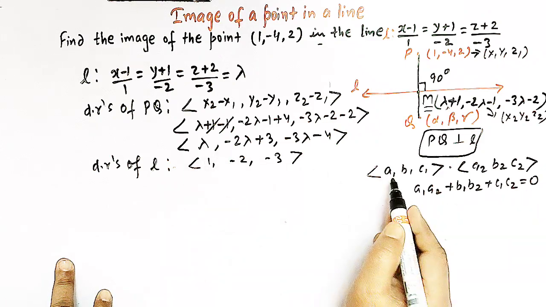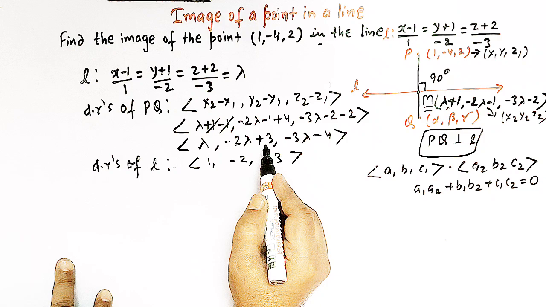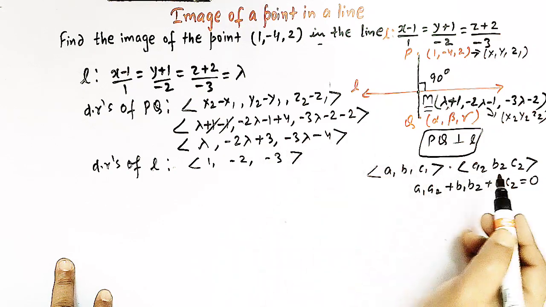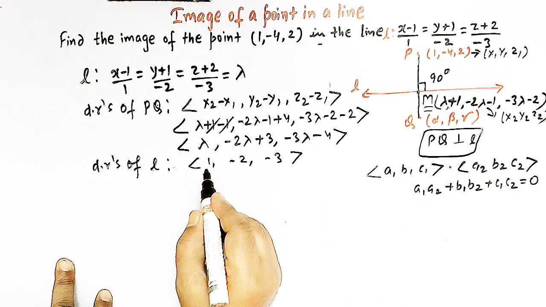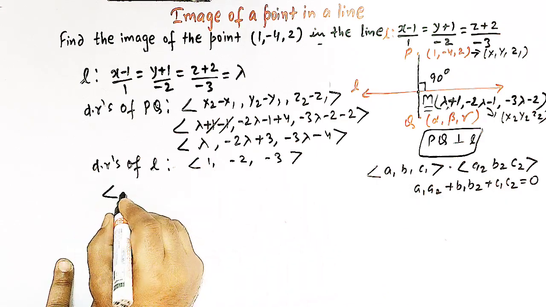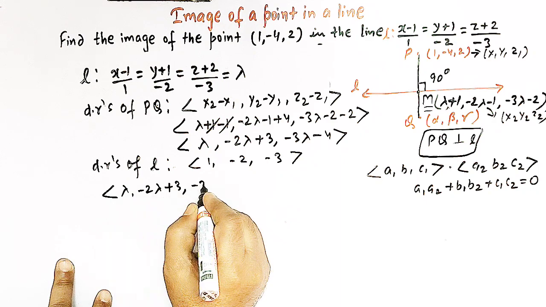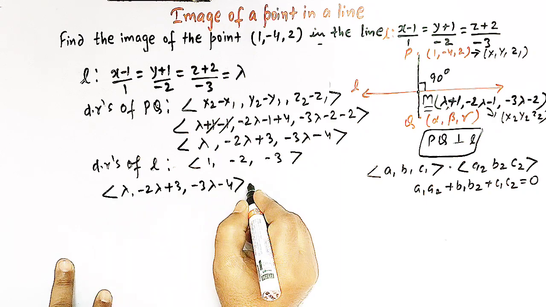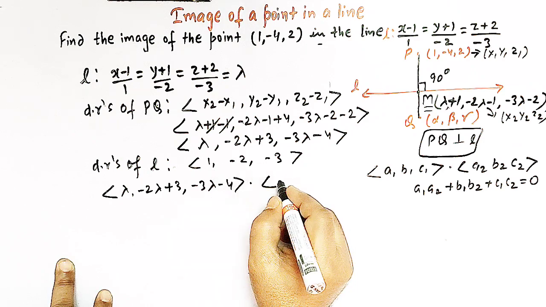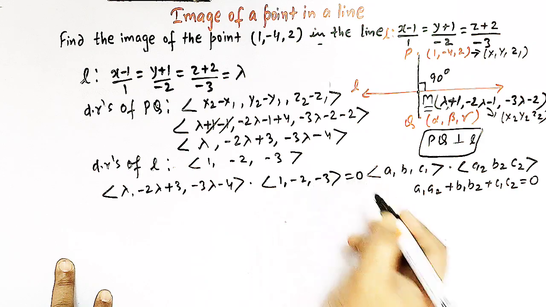So this is known as the condition for perpendicularity of two lines or two vectors. So here we have a1, b1, c1 as lambda, minus 2 lambda plus 3, and minus 3 lambda minus 4, and a2, b2, c2 may be taken as 1, minus 2 and minus 3. So the dot product of these direction ratios should be equal to 0.